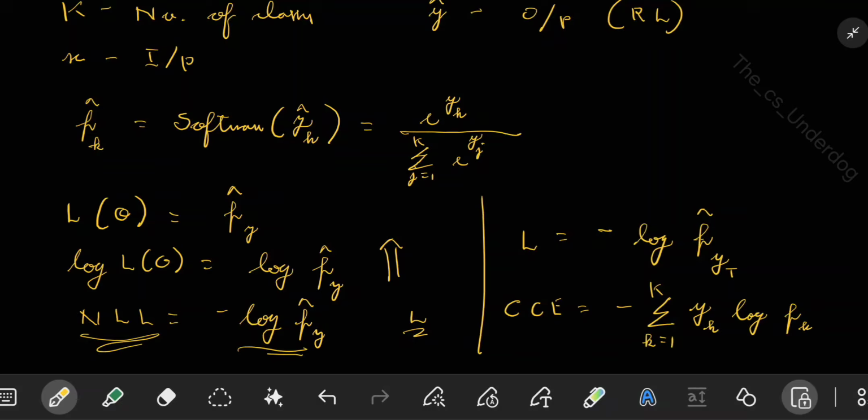Here, pk cap was the probability for the kth class and yk was the true label for the kth class.